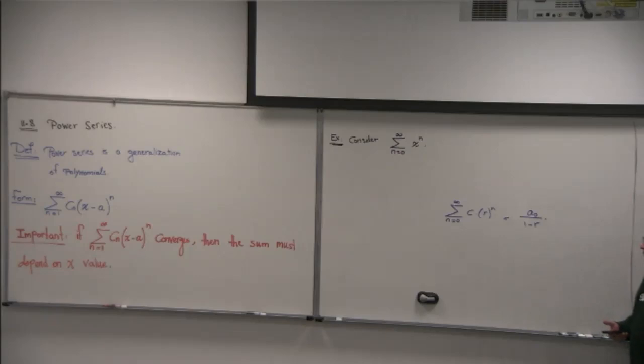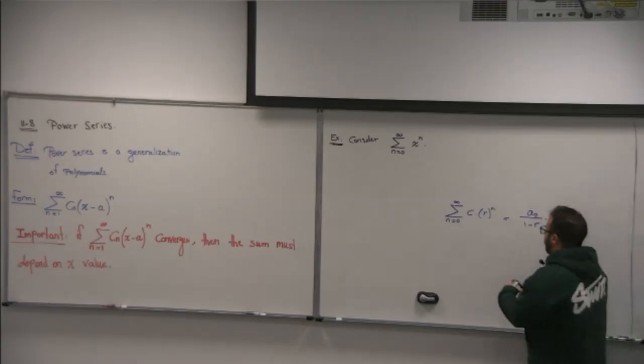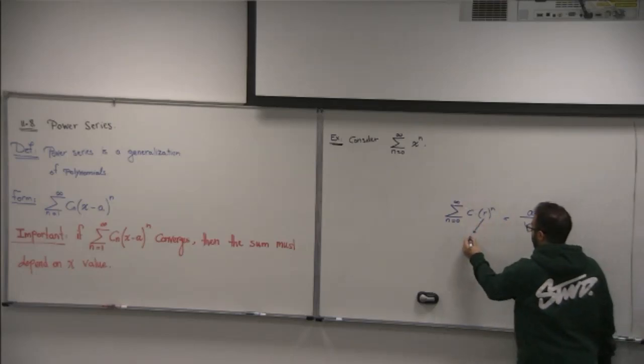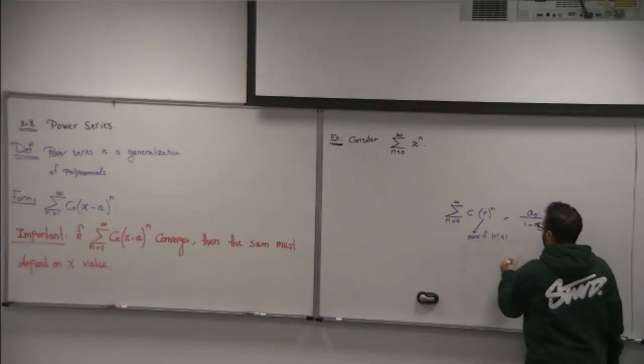Now, this is exactly what I'm doing here. We said a geometric series converges if the absolute value of r is less than 1.